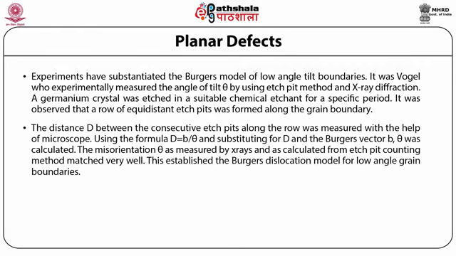The distance D between the consecutive etch pits along the row was measured with the help of a microscope. Using the formula D equal to b by theta and substituting for D and the Burgers vector b, theta was calculated. The misorientation theta as measured by X-rays and as calculated from the etch-pit counting method matched very well. This established the Burgers dislocation model for low-angle grain boundaries.